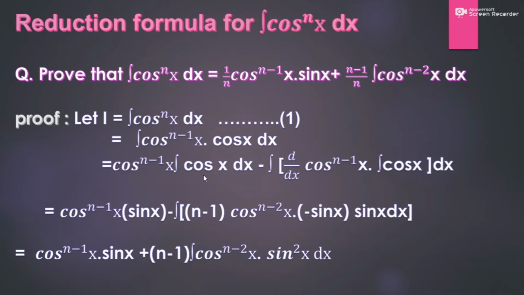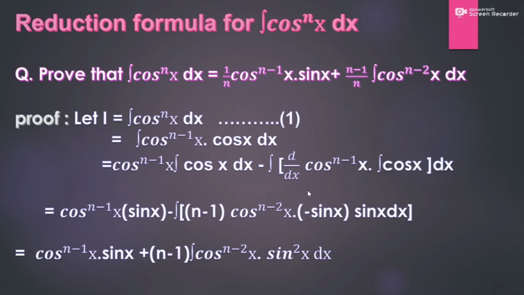Here the integral of cos x dx is sin x. Then minus the integral of the derivative of cos^(n-1) x. Here we apply the power function rule. The power is n minus 1, so the power comes before the function, that is n minus 1.